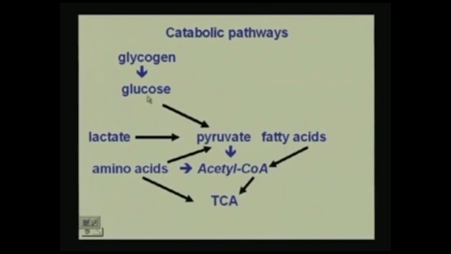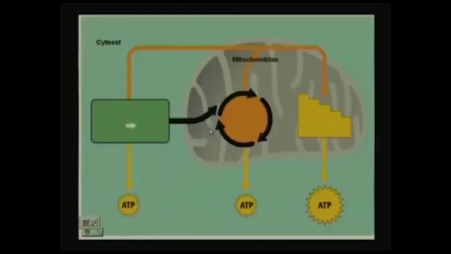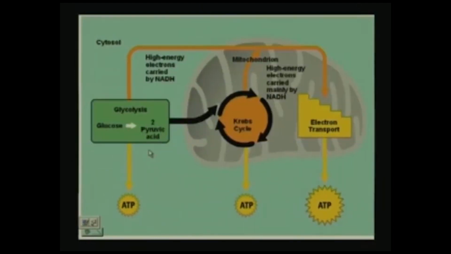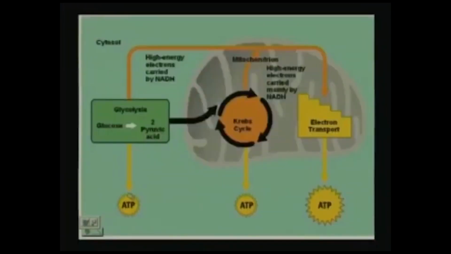Okay. So, we have considered so far the breakdown of glucose to pyruvate. Now, in general, we have these three overall steps, all of them produce ATP. That is our major concern in the production of energy, in the form of ATP, which is ultimately going to be used for the breakdown of these high energy phosphate bonds, that is going to release a large amount of energy for our bodily functions.